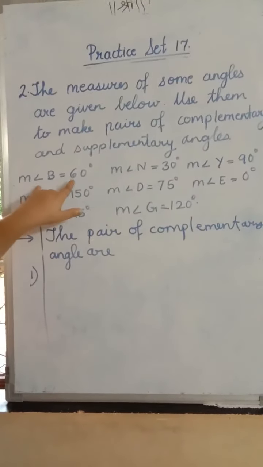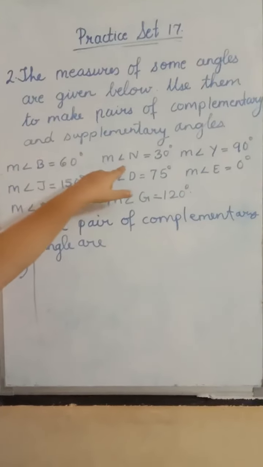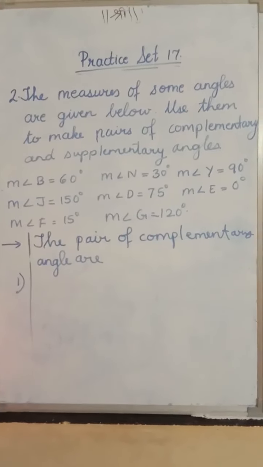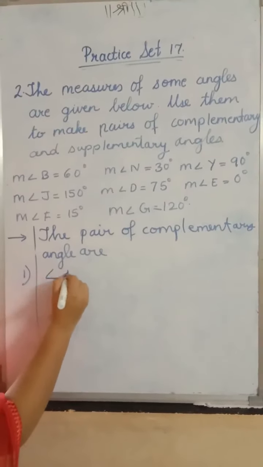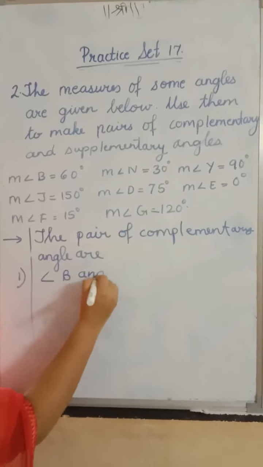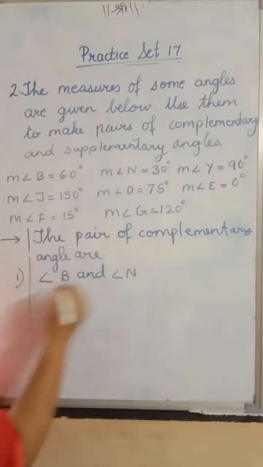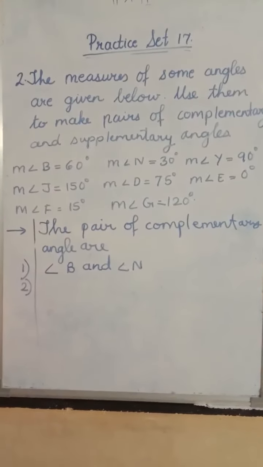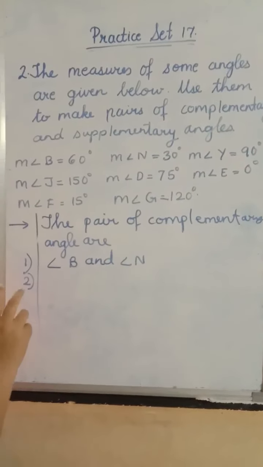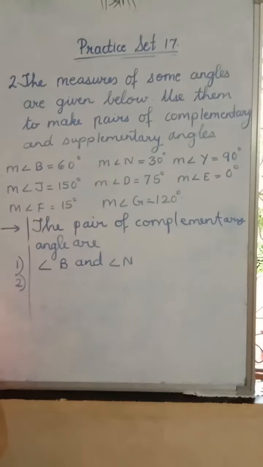Yes, angle B, that is 60 degrees, and angle N is 30 degrees. Yes, so 60 plus 30 is 90. So the first pair is angle B and angle N. Okay. Now the second, the answer should be 90 degrees by adding two angles. Which two numbers?